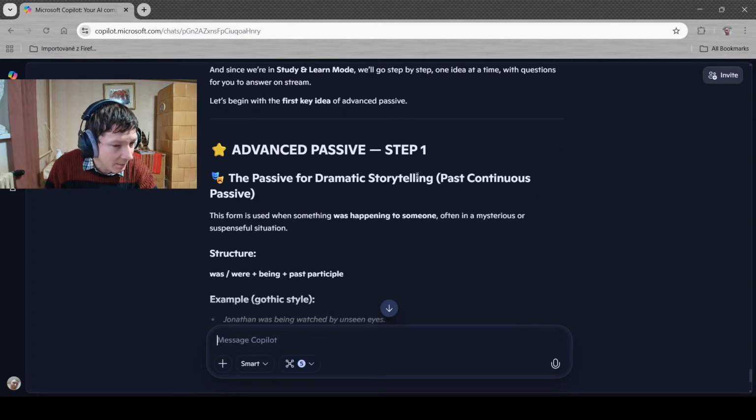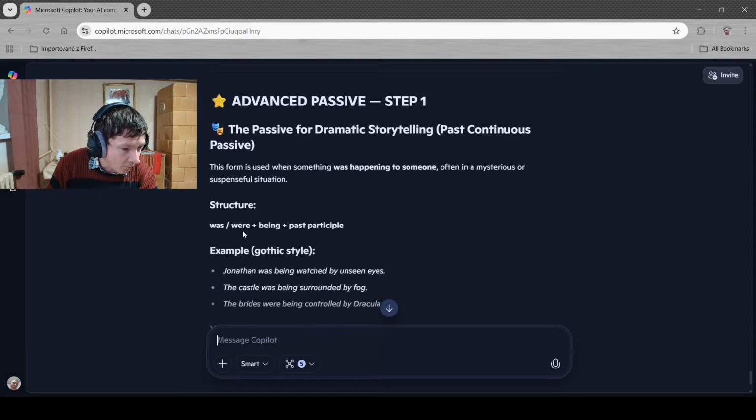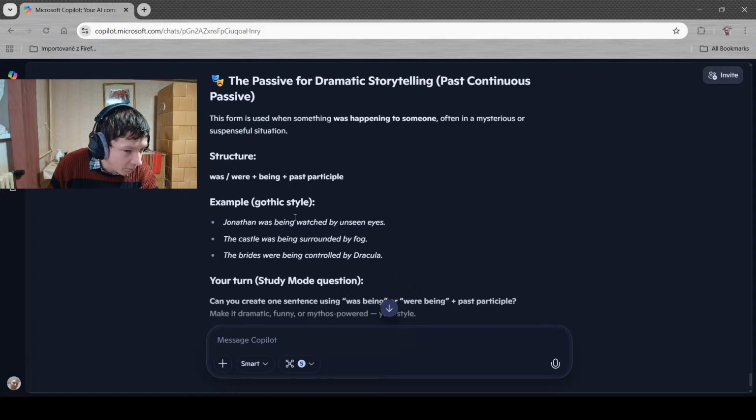Advanced passive step 1. The passive for dramatic storytelling, past continuous passive. This form is used when something was happening to someone, often in a mysterious or a suspenseful situation. Structure: was or were plus being plus past participle. Example: Gothic style.